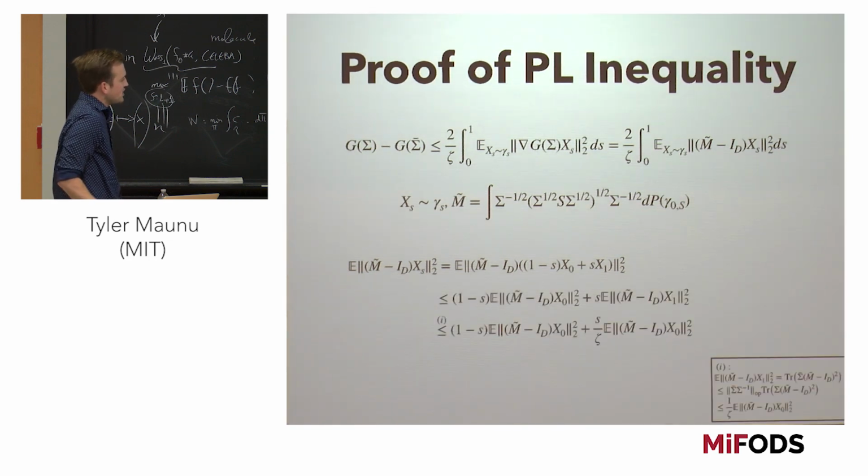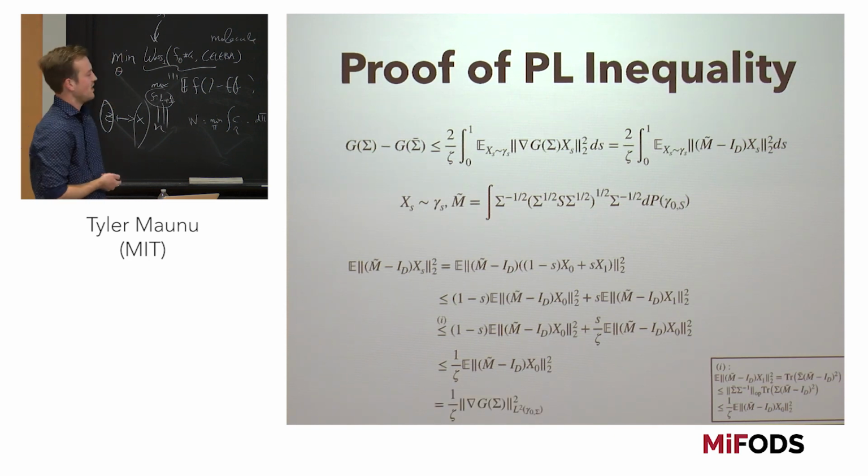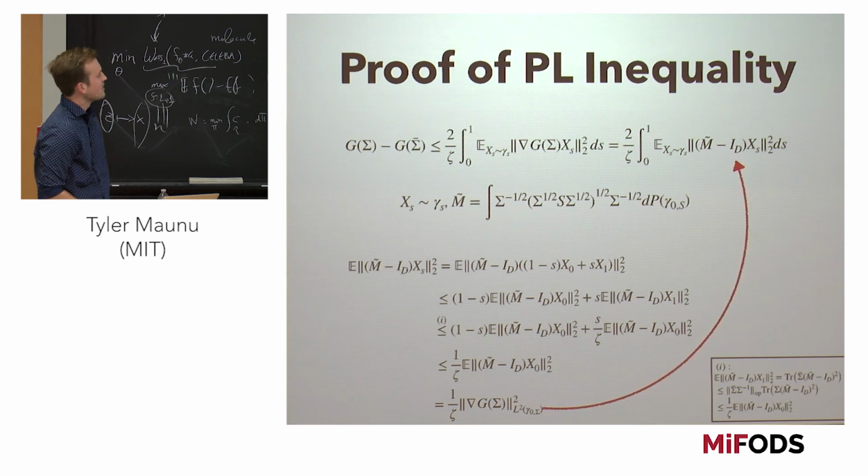You do a Jensen inequality, so this is Jensen's. Here, we need to translate this x1 back to x0, because again, we want this to be the norm with respect to L2 of the law of x0. We can translate it back by just using these bounds. You combine the terms, and you're left with the final thing that you want, which is the norm of the gradient squared, which after plugging back in completes the proof.